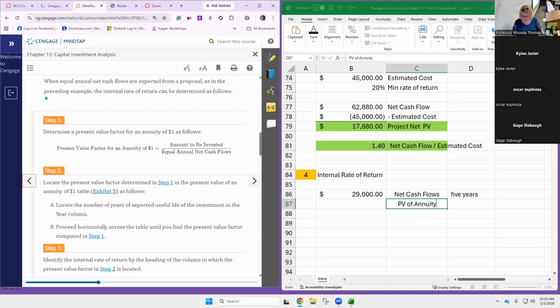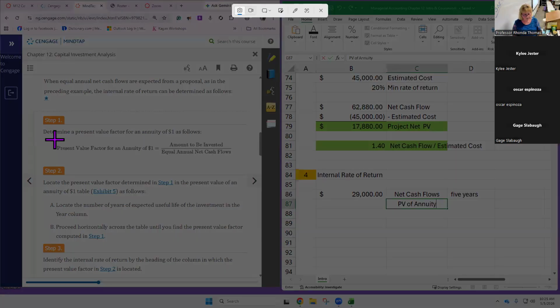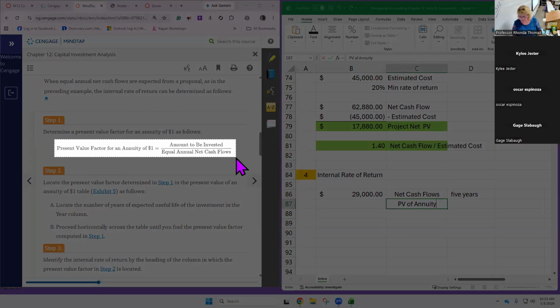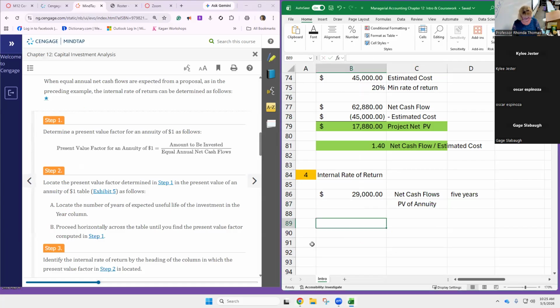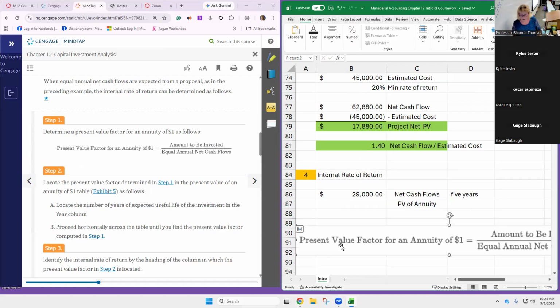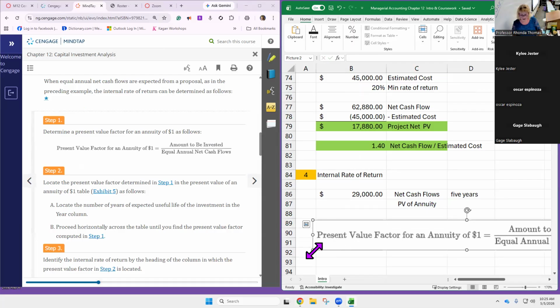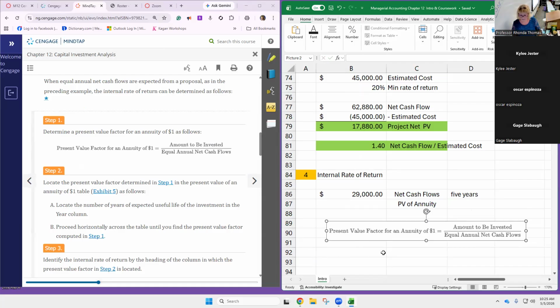I'm going to copy this and put it right here with this, so you know what the formula is. This time we're going to be looking for the percentage, the present value factor. That's what we're actually going to be looking for on the table.